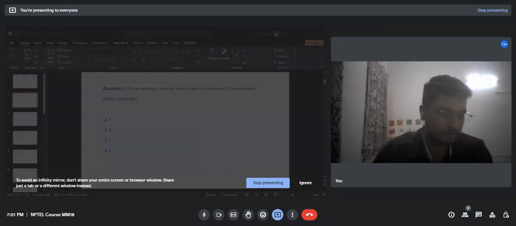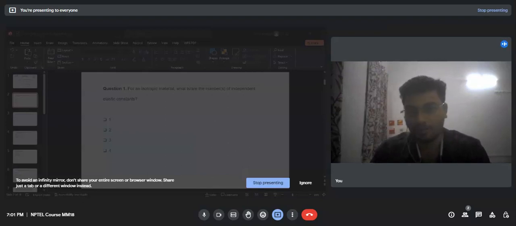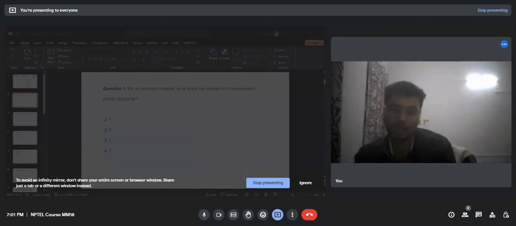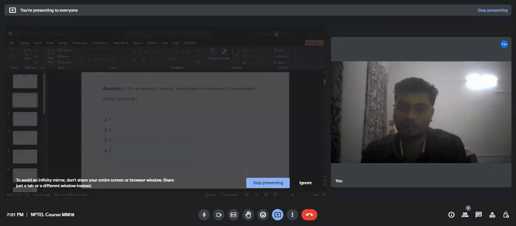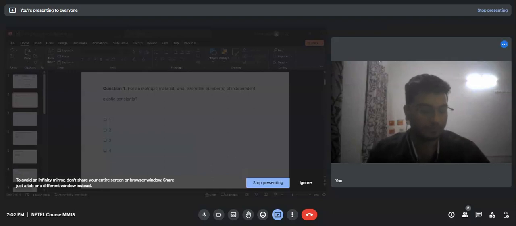So here, iron, we know iron has a BCC crystal lattice, and we also know the Young modulus formula for this direction: 1 by epsilon HKL is equal to S11 minus 2 (S11 minus S12 minus 1 upon 2 S44).